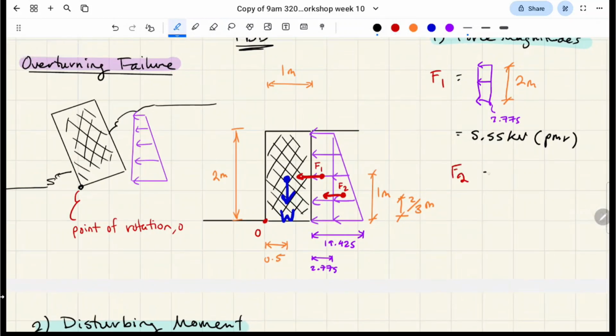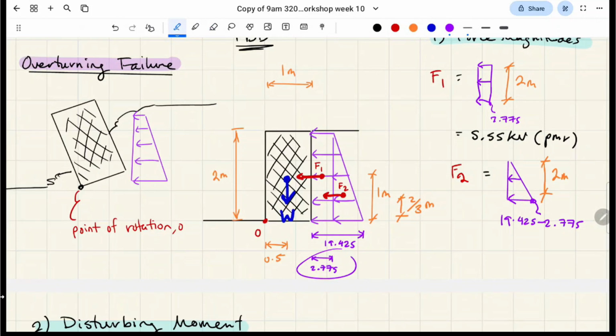F2, triangle. Meters. Okay, this here is going to be 19.425 minus 2.775. Right, that comes from this whole stress minus that stress.